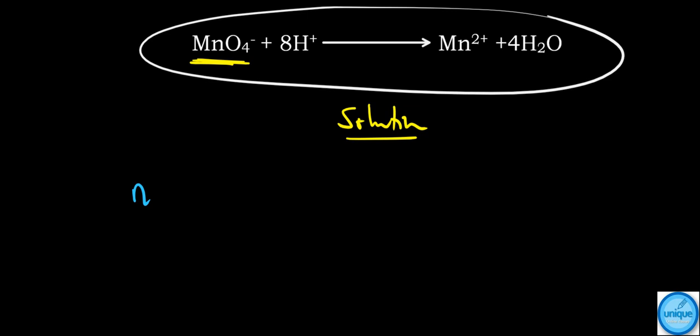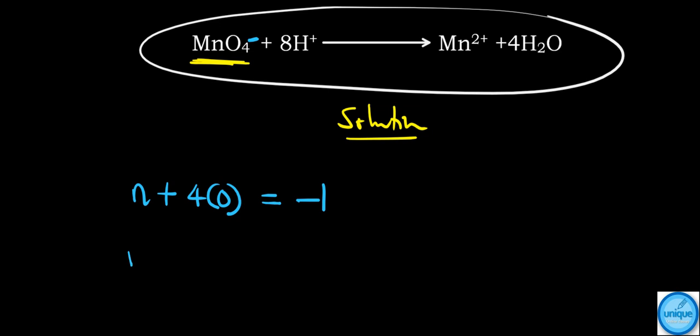So n is one, if it was two we would do n times 2, but in this case n into 1. Then we have plus oxygen, there are 4, so we put 4O, then is equal to the minus 1 that we will put up.